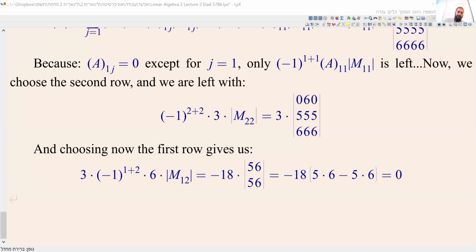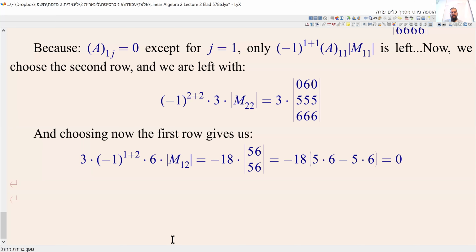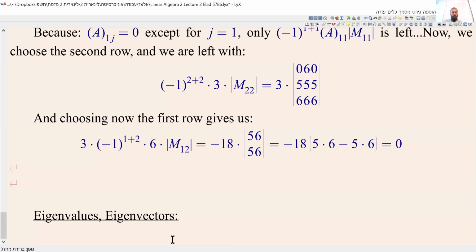So, our next subject is called Eigenvalues, Eigenvectors. In Hebrew, it's called vector עצמי וערך עצמי, value and vectors. The definition is simple. The math following the definition is not always simple.